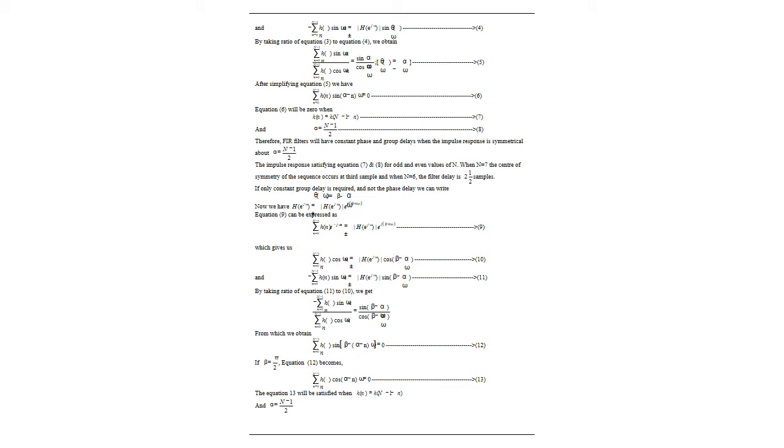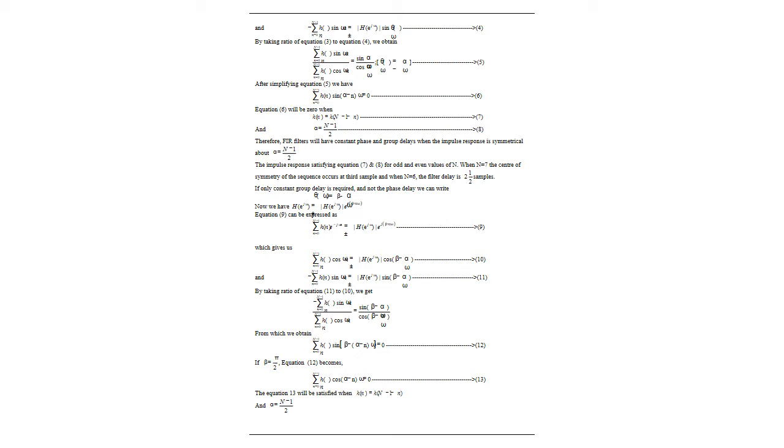Which will give us the value, that is summation n equal to 0 to N minus 1 of h of n cos omega n, equal to plus or minus modulus H of e power j omega into cos (beta minus alpha omega).